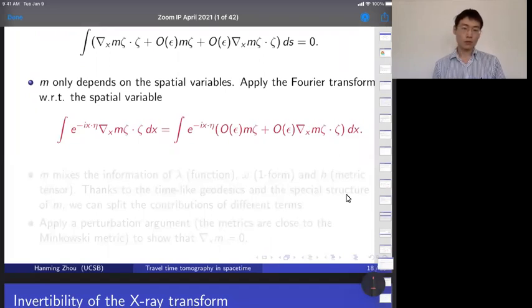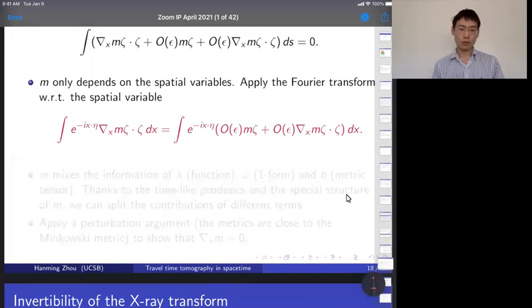So if you consider more generally, if the metric also depends on the time variable, then you also need to take the Fourier transform in the time direction if you want to fully determine that. But we know that if the metric is time dependent, then there will be an issue, similar to the light ray transform, in that one cannot recover all the singularities from the light ray transform.